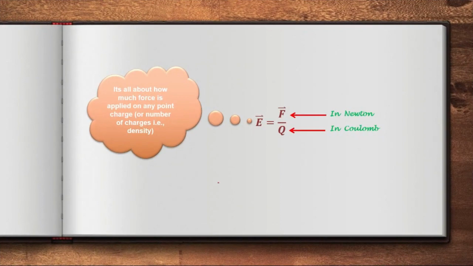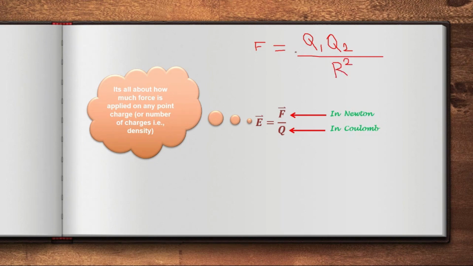Now, what is electric field intensity? What we have discussed so far is about force, which is given by Coulomb's law. The formula for Coulomb's law force is given by F, which is directly proportional to the product of charges, say charge q1 and charge q2, and inversely proportional to the distance r square.